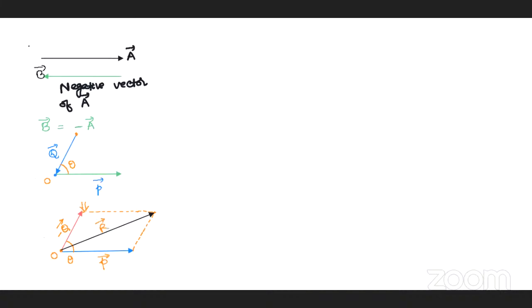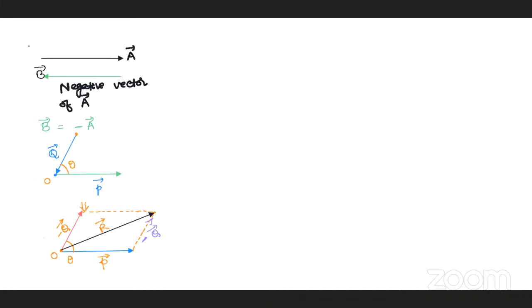Okay, so according to the vector addition concept, in the parallelogram the opposite sides are equal. So here I am coming to the opposite side. Look here, this is the opposite side, but it is minus q bar. See there.